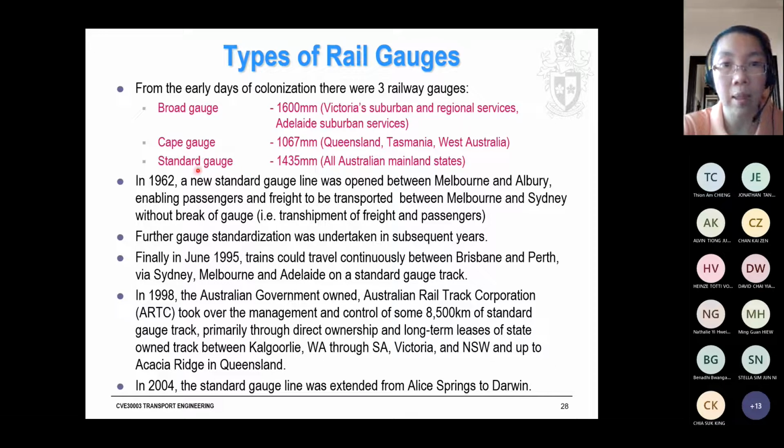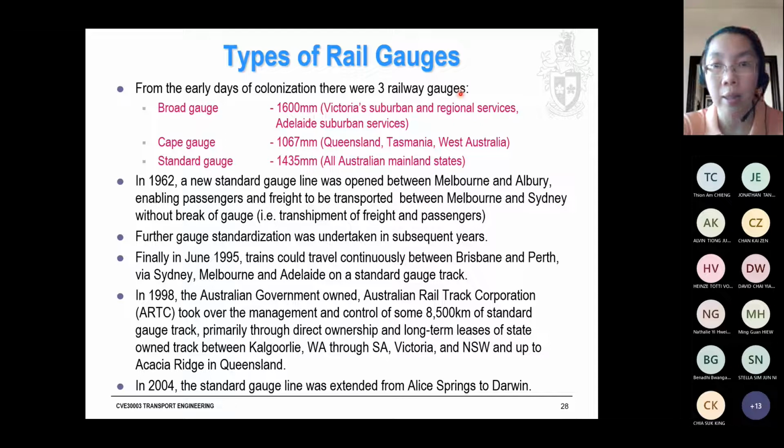The sizes here: 1600 mm, 1067 mm, and 1435 mm. So broad gauge applies to Victorian suburban and regional services and Adelaide suburban services, only these areas. Okay, and then cape gauge applies in Queensland, Tasmania, and West Australia. And standard gauge applies to all Australian mainland states. So you could see different sizes.